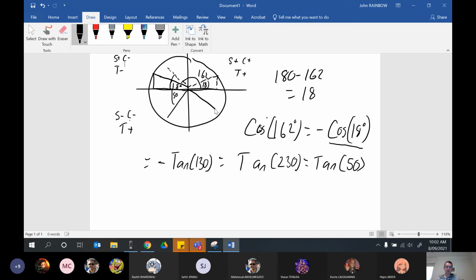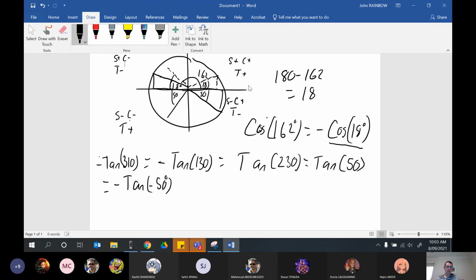Similarly, I could also put another reference angle in here, which is 50 degrees here. So that would be like 360 minus 50. Cos is positive, sine is negative, so tan will be negative. So again, I'd have to have negative tan 310. Or alternatively, I could even have it as equal to negative tan of negative 50 degrees.